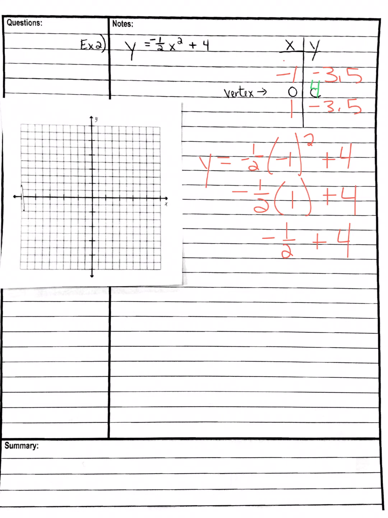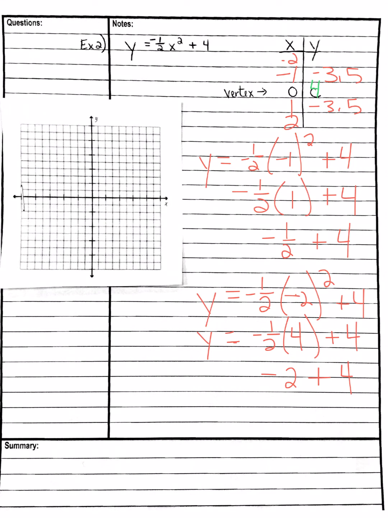Let's go ahead and put in a -2 and a +2. So I have my -1/2 times -2 squared plus 4. -2 times -2 is +4. We're going to have to bring everything else down and multiply it by the -1/2. So -1/2 times 4, half of 4 is 2, so it's going to be a -2 plus 4.